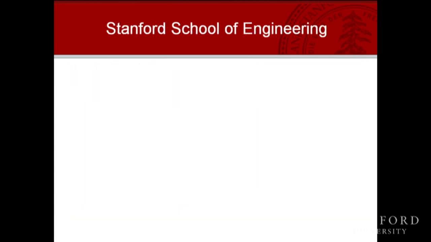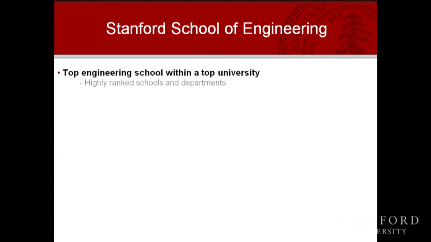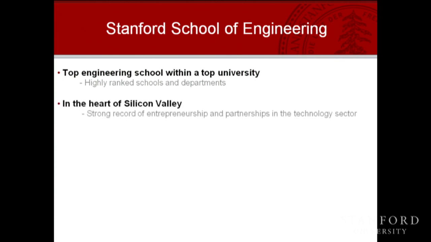The School of Engineering, specifically, is one of the top engineering schools at a top university. We're located here in Silicon Valley, which is the heart of innovation here in the Bay Area. Lots of entrepreneurs here. World-class research facilities.